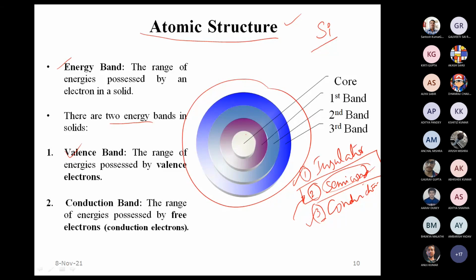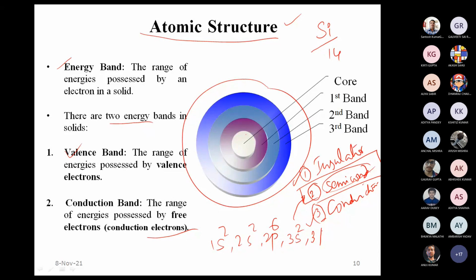So if we see some material like silicon, it has atomic number 14. If we look at the electronic configuration, then 1s2, 2s2, 2p6, and then 3s2 and 3p2.